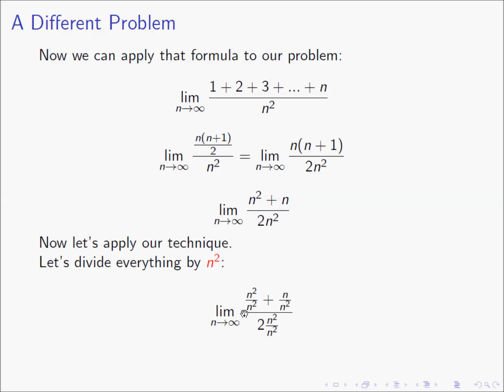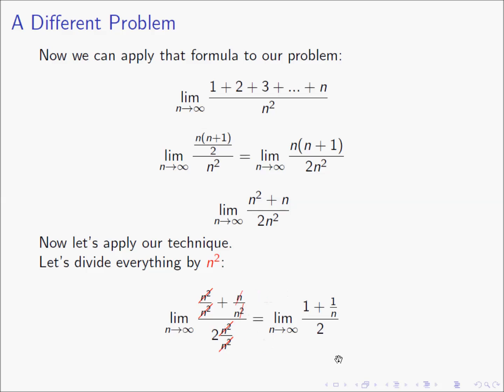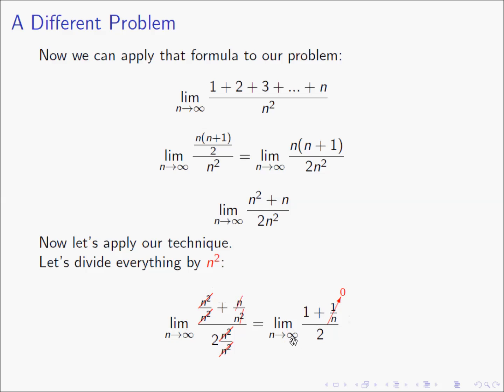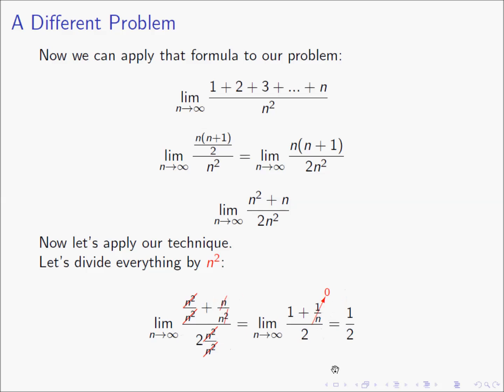Next we can cancel the n squared here, we can cancel the n here and the n squared, and we get this limit. And this is very easy to solve because the 1 over n goes to 0 as n approaches infinity. So this equals 1/2. That's the final answer.